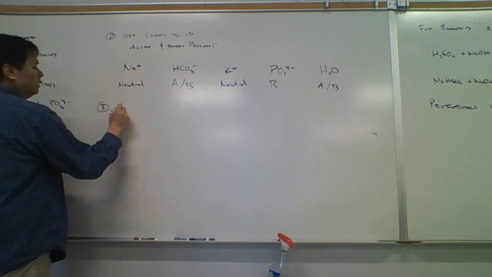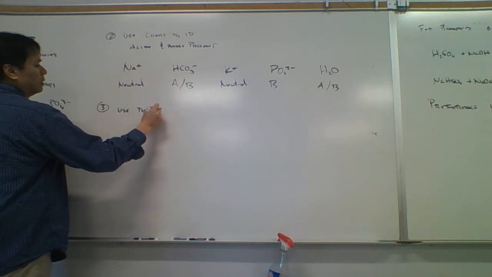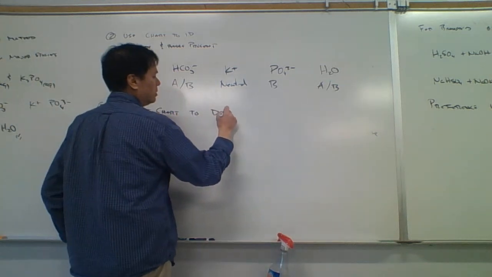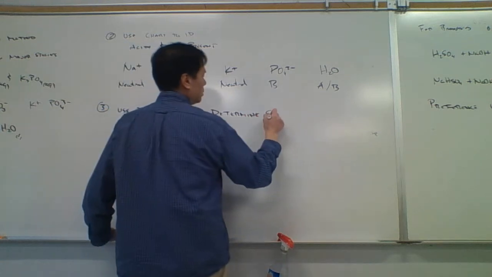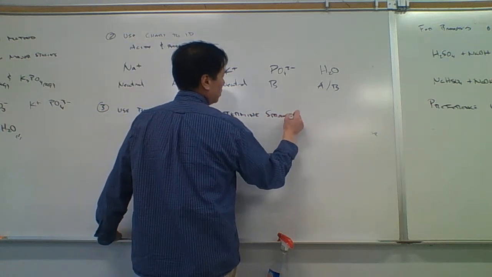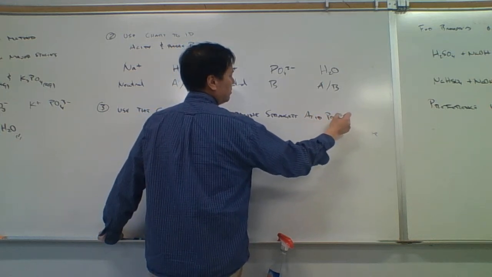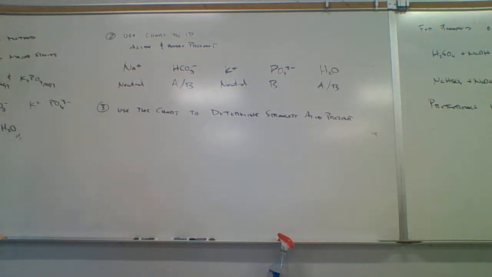Step 3: use the chart to determine the strongest acid present. If there's going to be a reaction, and this doesn't mean there's going to be a reaction, the reaction is going to be the strongest acid reacting with the strongest base present.